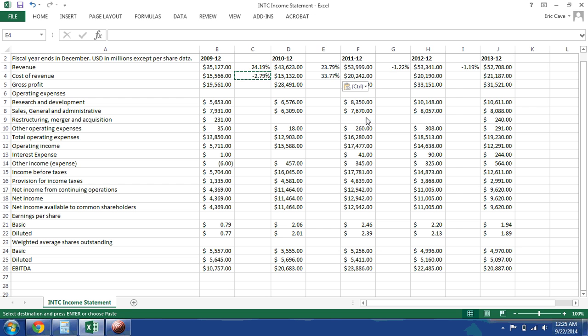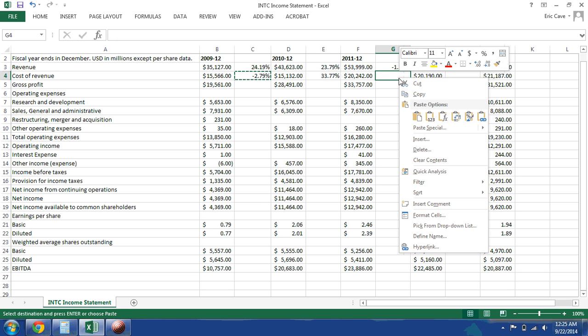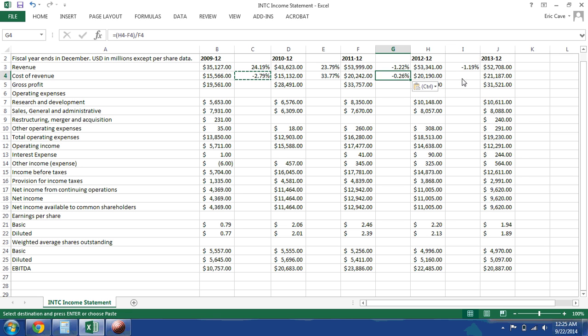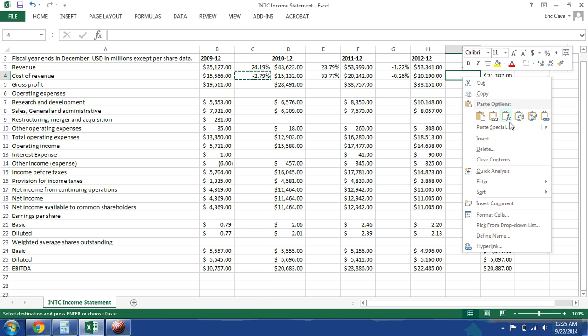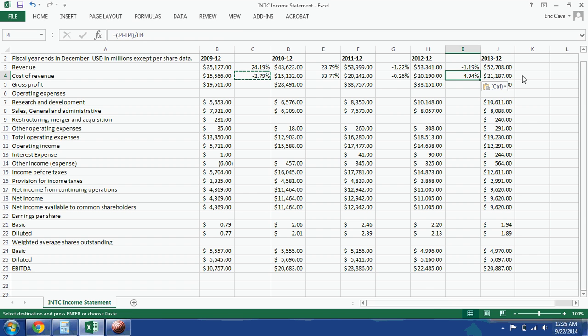Same thing with 2010 to 2011, it actually grew, dropped, and then grew again. Now, in cost of goods sold, obviously a percentage increase is a bad thing because it shows that our expenses went up. So here's what I'm going to do to find an average growth for all of these.